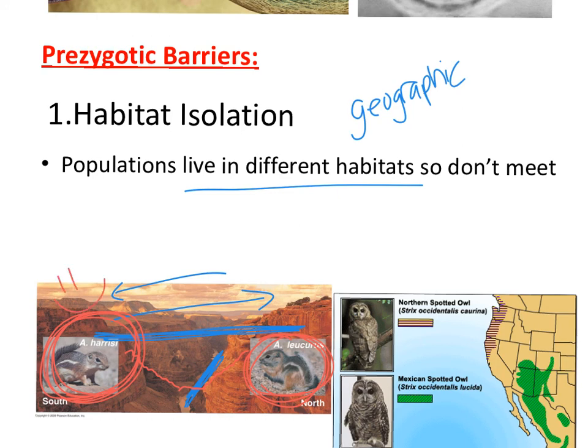Similarly, the mammals on the other side accumulated genes that were favorable for living on that side of the canyon. There was no mixing of genes between the two populations because it was physically too far for an individual squirrel to travel.